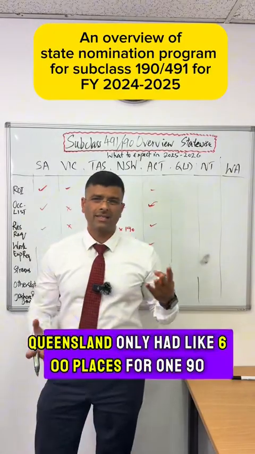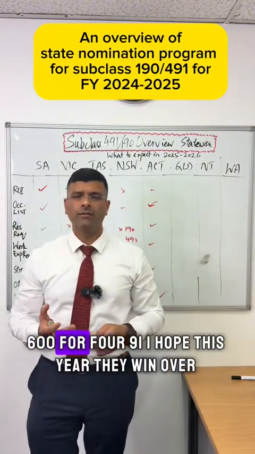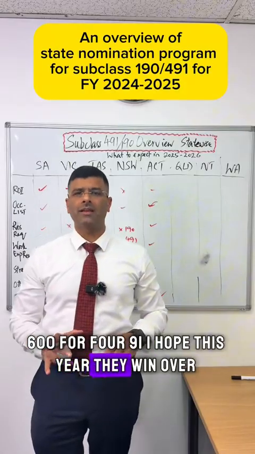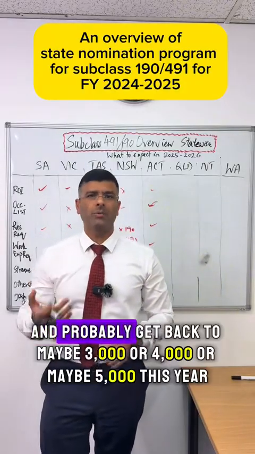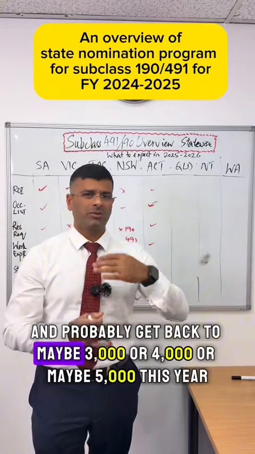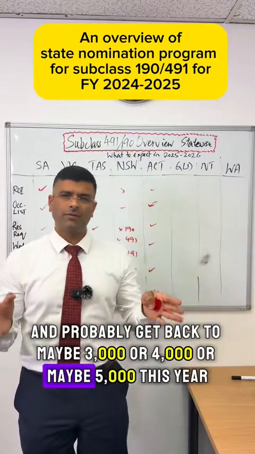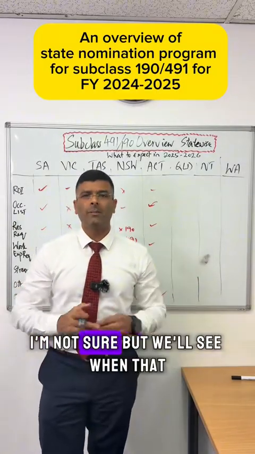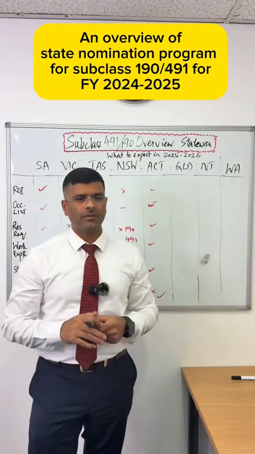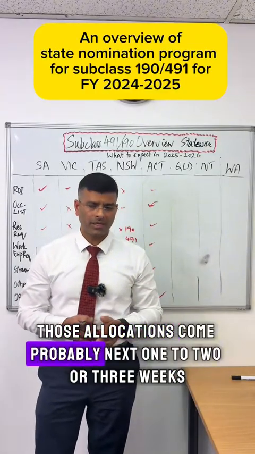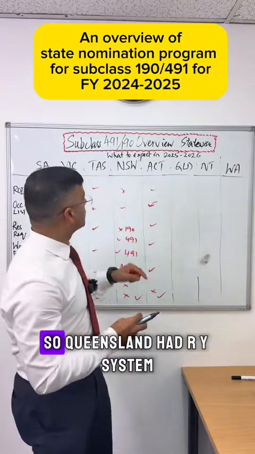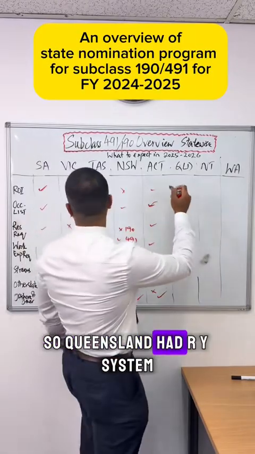Queensland only had like 600 places for 190, 600 for 491. I hope this year they win over and probably get back to maybe 3,000 or 4,000 or maybe 5,000 this year. I'm not sure, but we'll see when those allocations come, probably in the next 1 to 2 or 3 weeks. So Queensland had an ROI system.